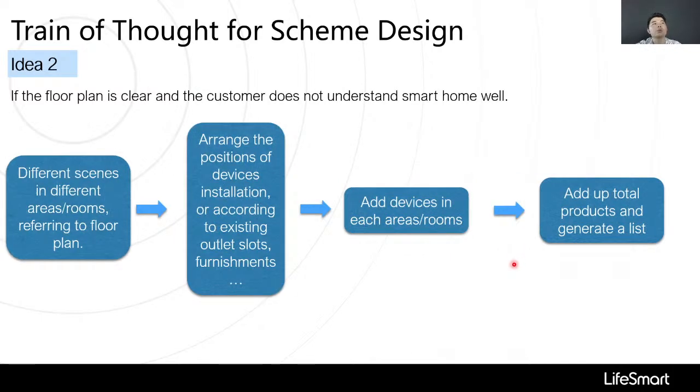Like idea 2, if the customer doesn't understand the smart home well and he provides us a floor plan. The floor plan is clear, and so in this situation, we need to provide and explain smart home things to our customer first.